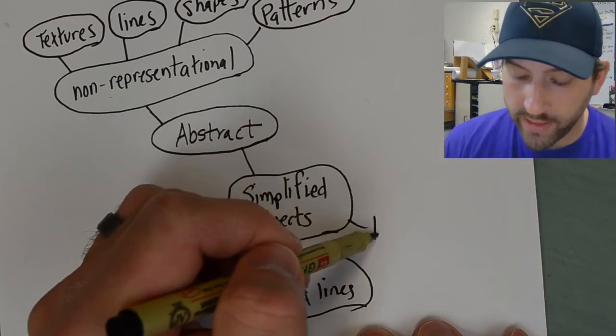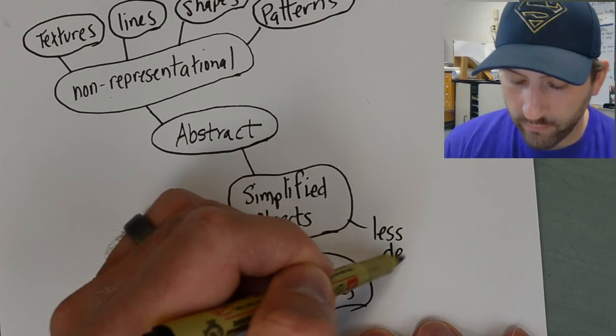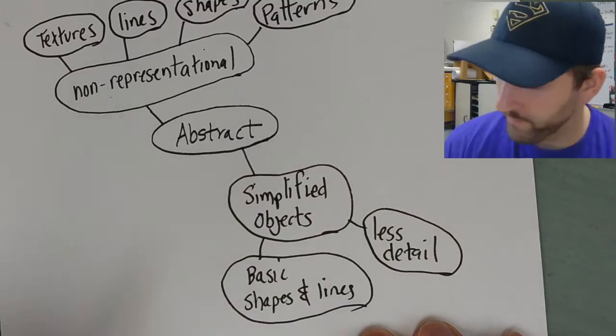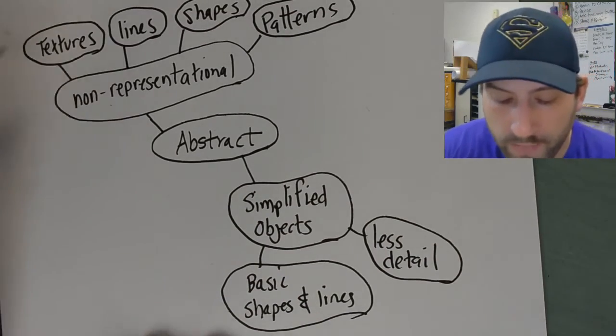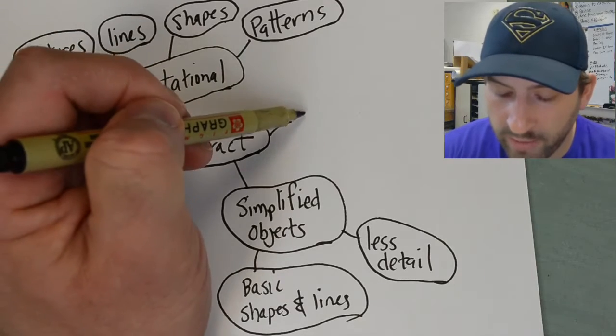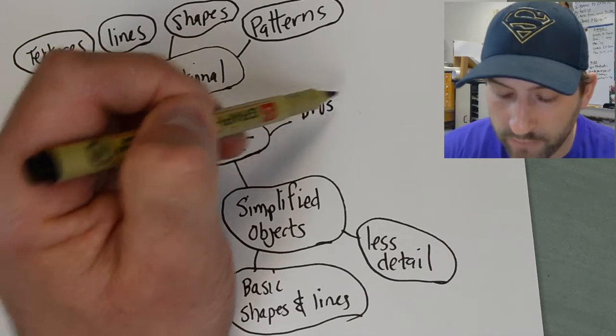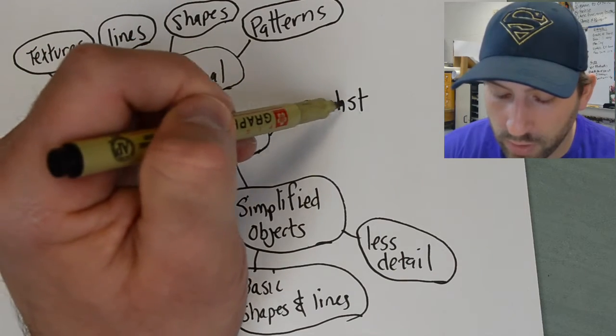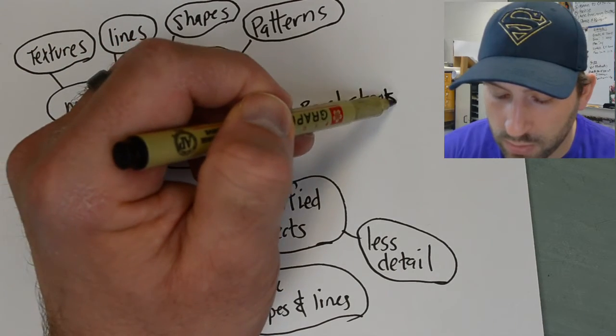Means less detail, maybe. When I think about things being abstract, I think about all the variety of brush strokes, if it's a painting, which this will be. Brush strokes.